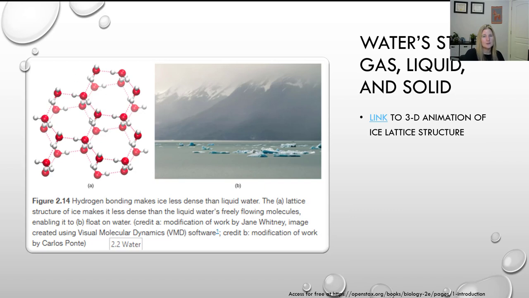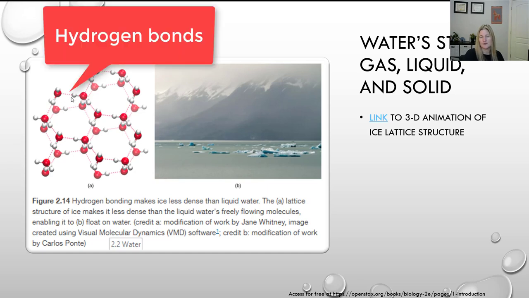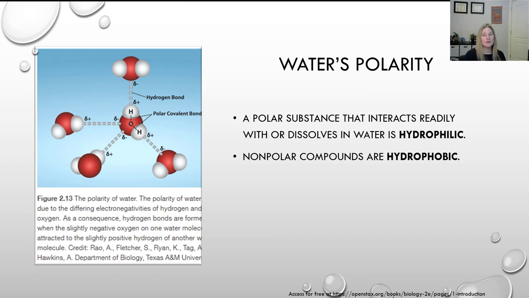What's interesting about these 3 different states is the bonding between two water molecules, which form what's called a hydrogen bond. We know that nonpolar compounds are not going to want to interact with water molecules, but polar molecules do. What's interesting about water is that even though the molecules are held together by polar covalent bonds, because of that partially positive and partially negative end, they will form hydrogen bonds with each other.